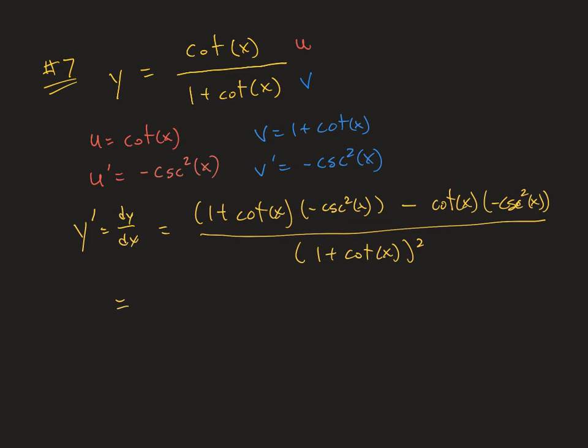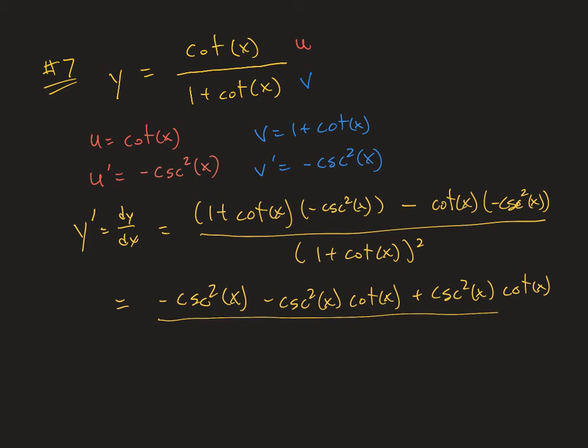And we'll do a little bit of distributing, and we'll get negative cosecant squared x minus cosecant squared x cotangent x plus cosecant squared x cotangent of x. So you can see those two are going to cancel. And then down here it's 1 plus cotangent of x quantity squared.